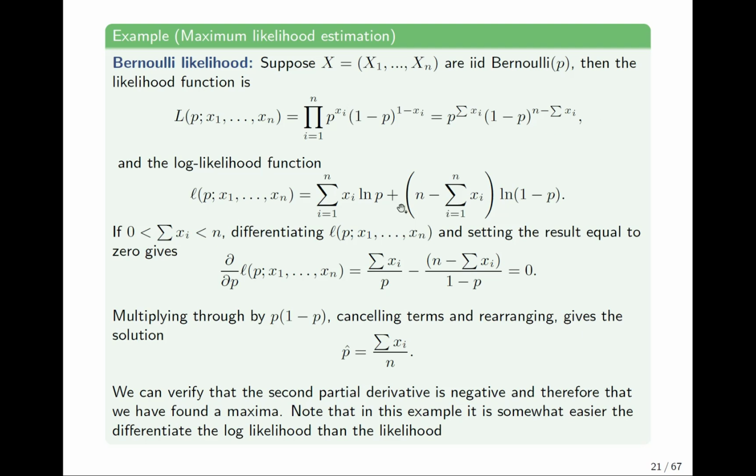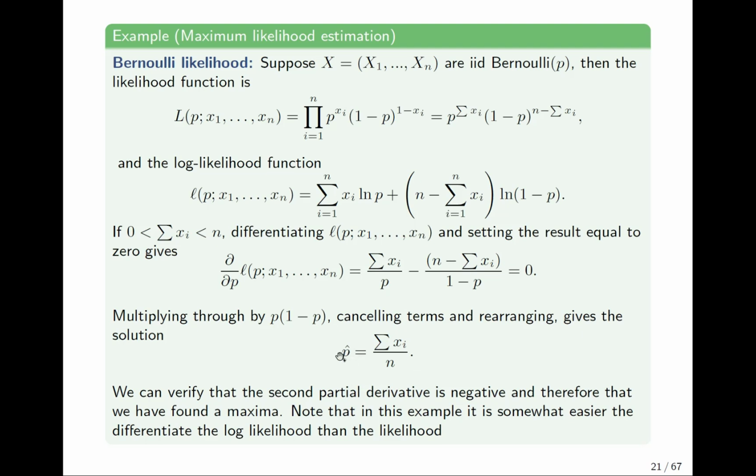We take logs and write the log likelihood in this form, and then all we need to do to get an estimate of parameter p is differentiate this expression and set the result equal to 0. Then we get this expression here, set equal to 0, multiplying through by p(1 minus p), cancelling terms and rearranging gives us this solution for parameter p.